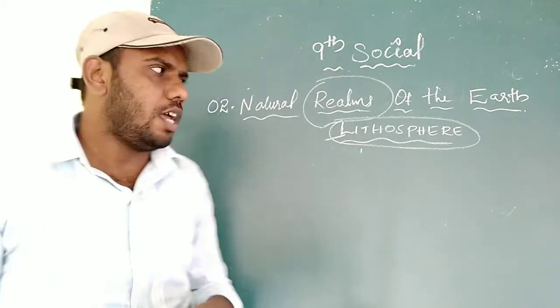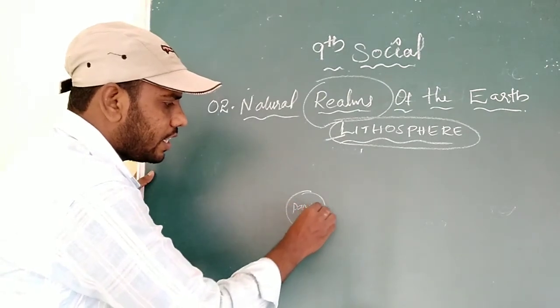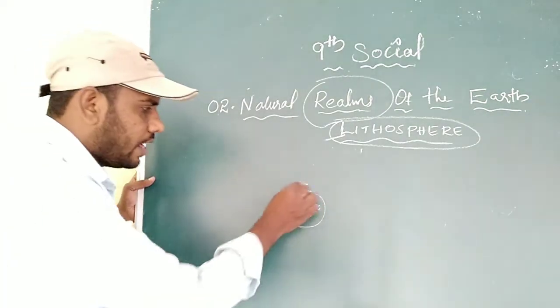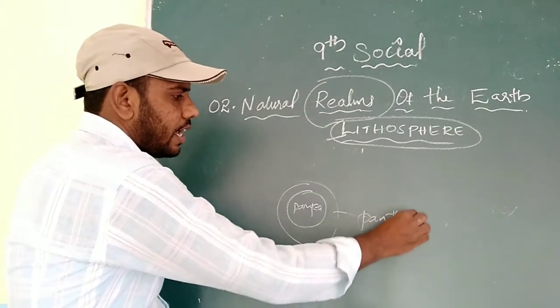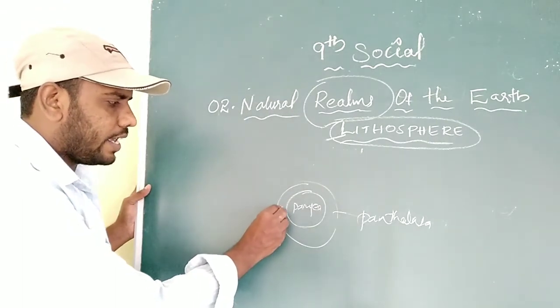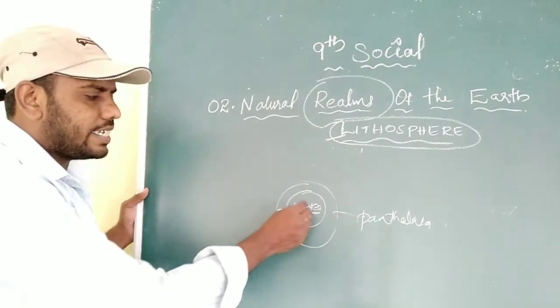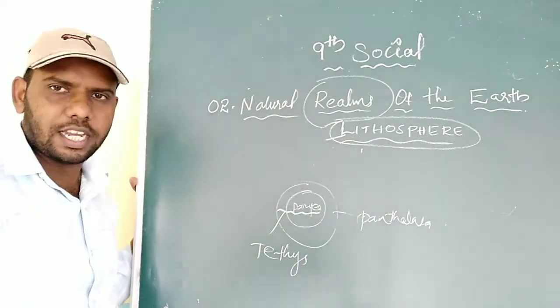We know that our earth was first one landmass called Pangea. Remember? Pangea was surrounded by a large water body called Panthalassa. Yes or no, children? Panthalassa. From here we know the inland water body Tethys. This we also studied when we studied the continental drift theory.